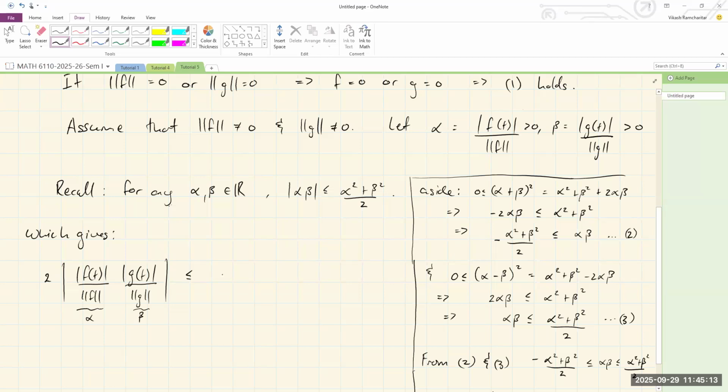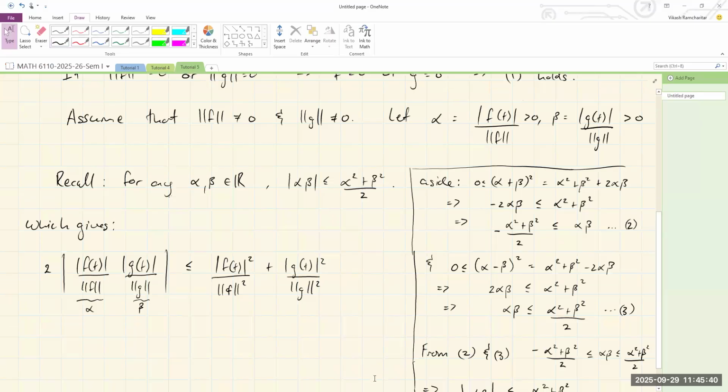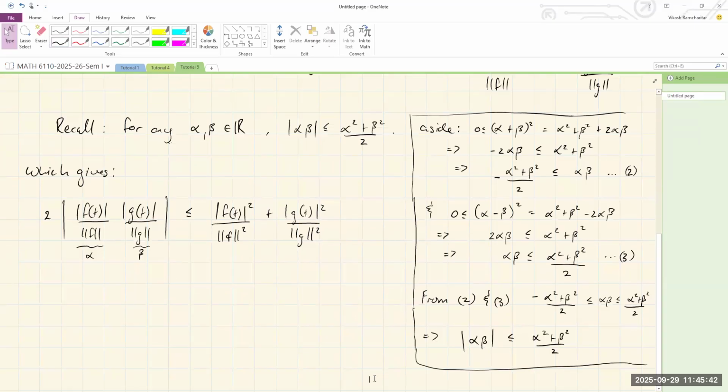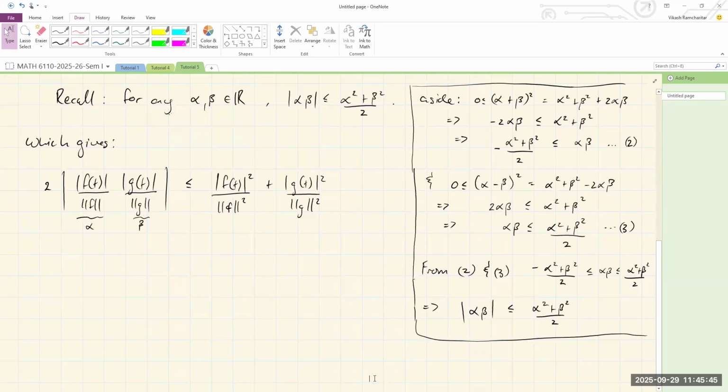And this is less than or equal to alpha squared plus beta squared. So it's less than or equal to modulus of f of t squared all over norm f squared plus modulus of g of t squared all over norm g squared. So you get this result, and we're just going to simplify things down a bit, and that should give the Cauchy-Schwarz inequality.